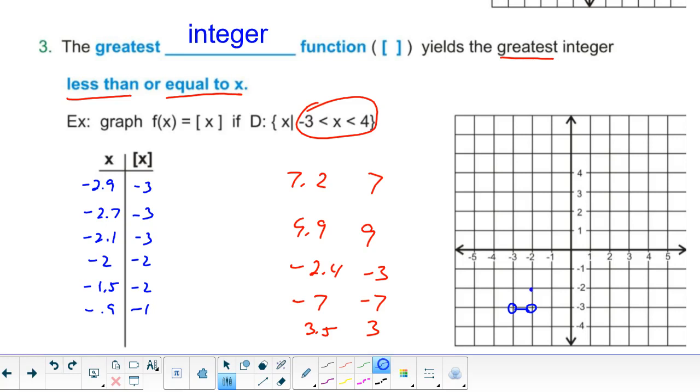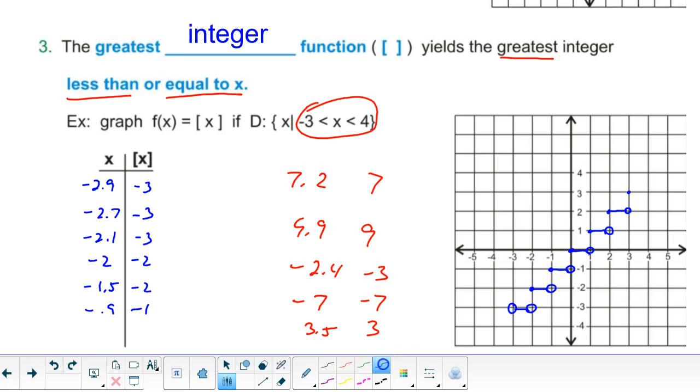But then when I get to -2, dot, the answer's -2 until I get to -1, which again is a circle, because -1 is a -1, until I get to 0, and 0 is a 0, until I get to 1, because 1 is a 1. 1.1 is a 1, 1.5 is a 1, 1.7 is a 1, until I get to 2, because a 2 is a 2. 2.1 is a 2, 2.7 is a 2, 2.9 is a 2, but a 3 is a 3.